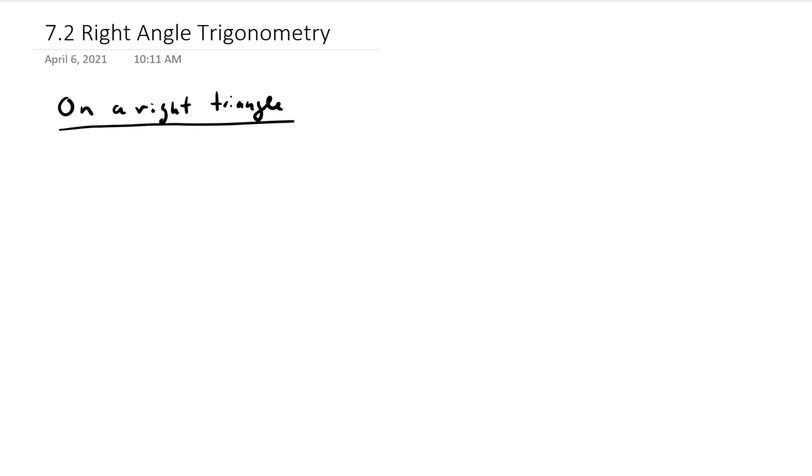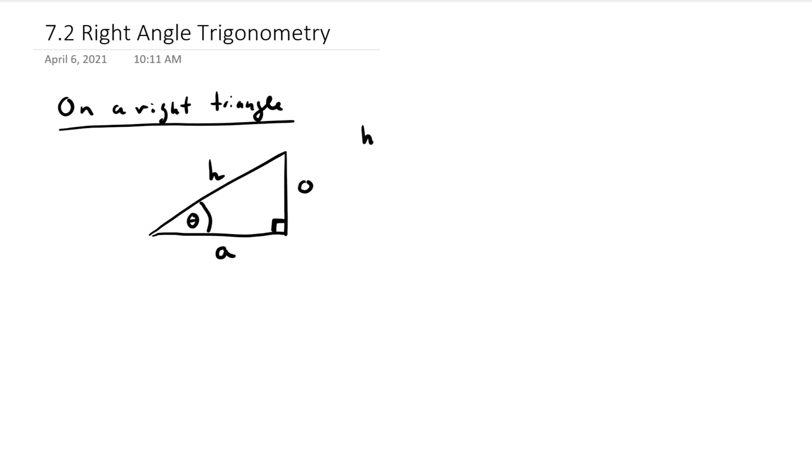So if I have a right triangle, or right angled triangle, and this is theta in angle, and this is 90 degrees here, I'm going to label this side here as H for hypotenuse, this side here as O for opposite side of the angle, and this side as A for adjacent side.